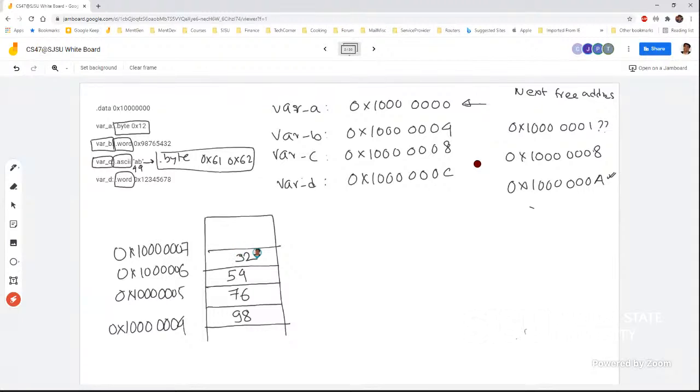So your var B is really starting from this address, but it is occupying 4 bytes, so occupying till 7, right? So your next free address is this one. Oh, okay. Got it.